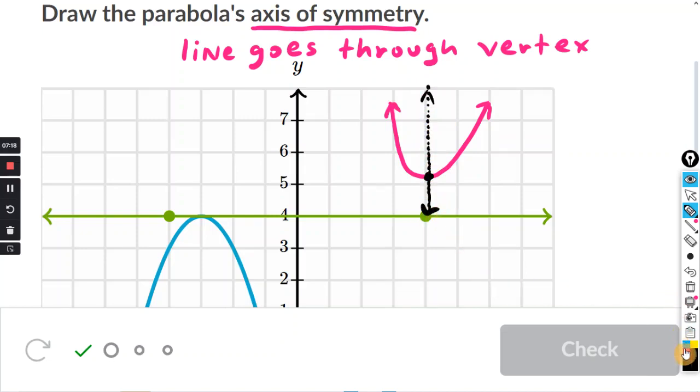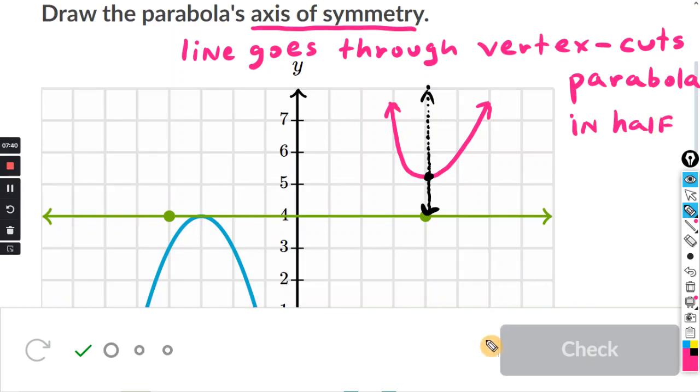So it's a line that goes through the vertex, and I guess you can add that it cuts the parabola in half. Pretty simple.